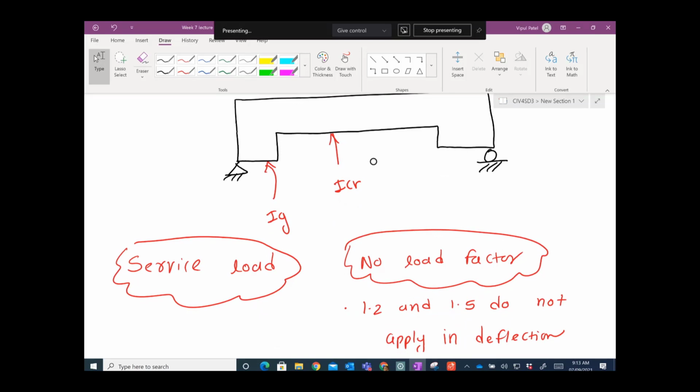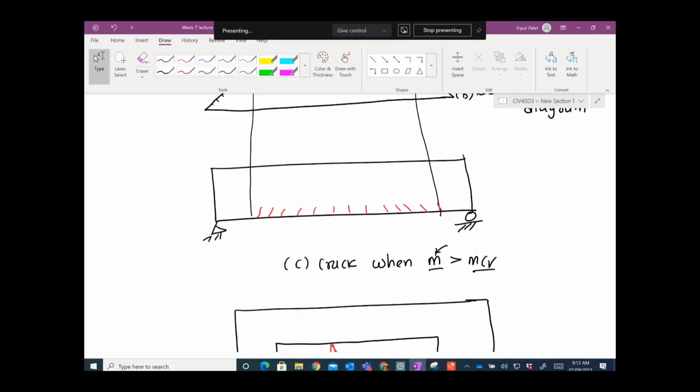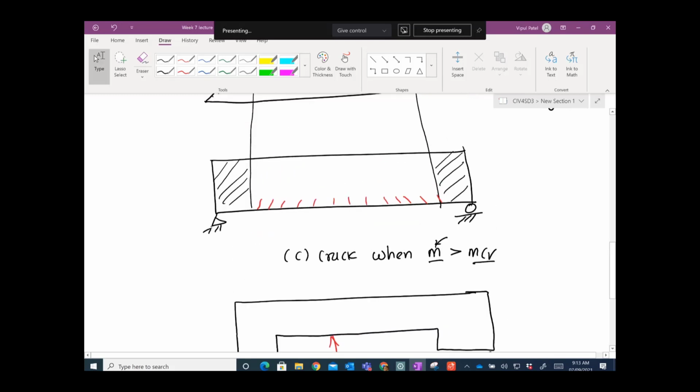So that's what it says, that I effective comes into the picture to have a combination of this gross and cracked moment of inertia, because you can see that here there is no crack, so you have the gross moment of inertia. In here you have the cracked moment of inertia, because this area is completely gone.